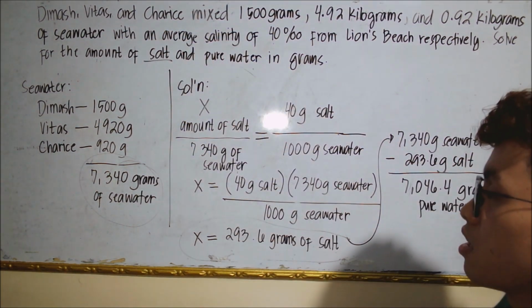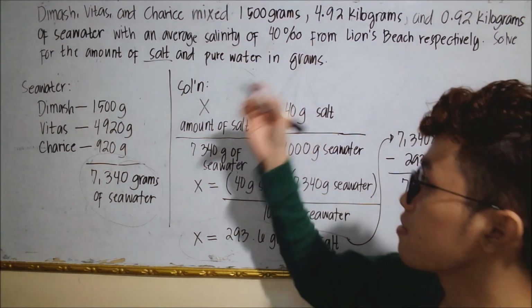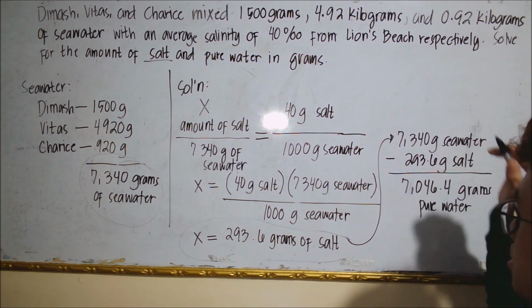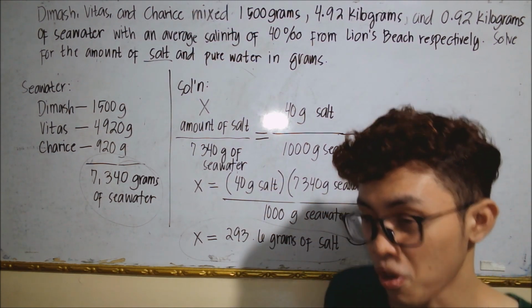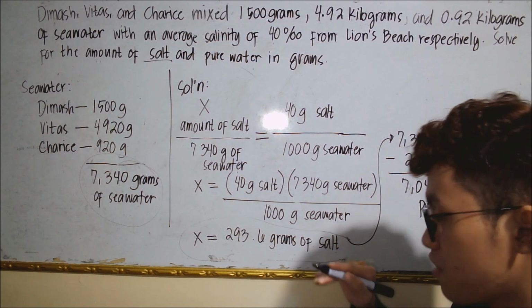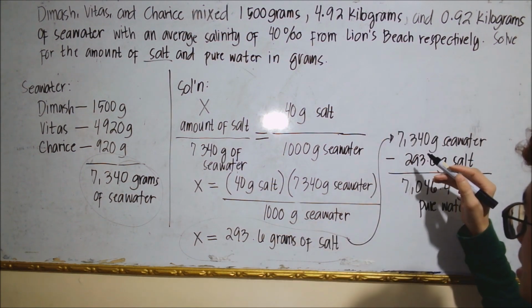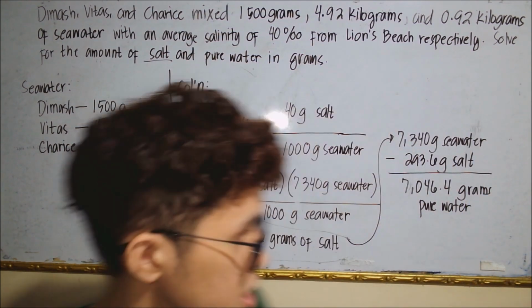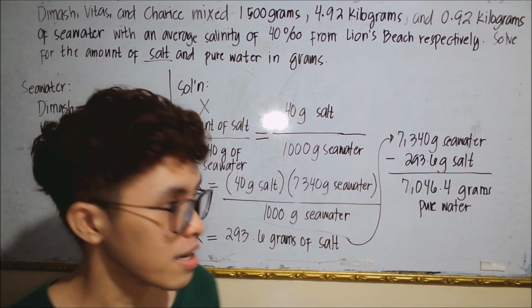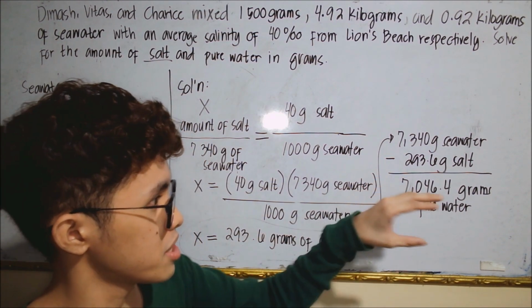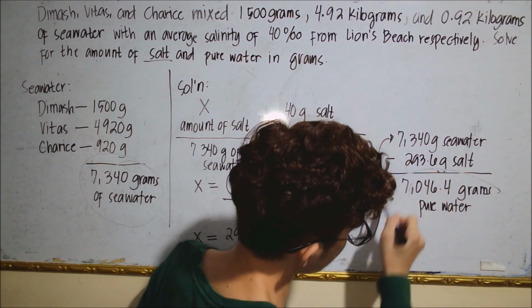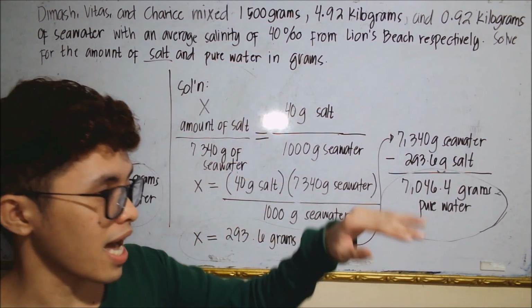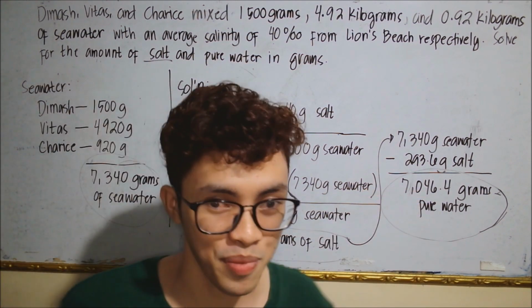Now, we still have one problem: the amount of pure water in grams. So, very simple, you just subtract 293.6, which is the amount of salt, from 7,340 grams, which is the total amount of seawater. So 7,340 grams minus 293.6 grams, and we'll have 7,046.4 grams as the amount of pure water.